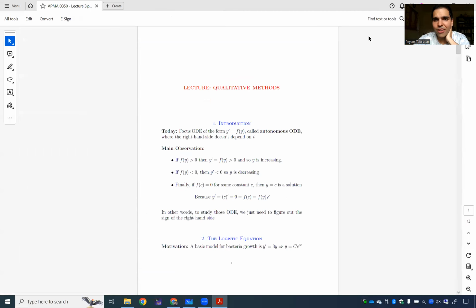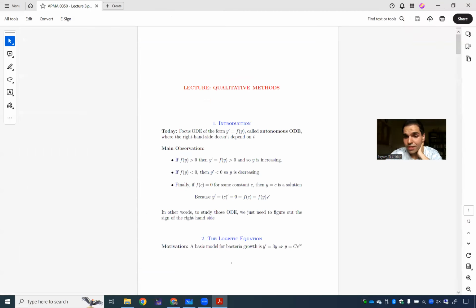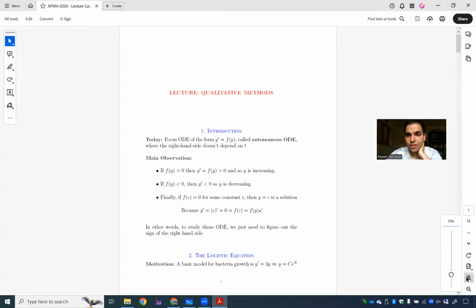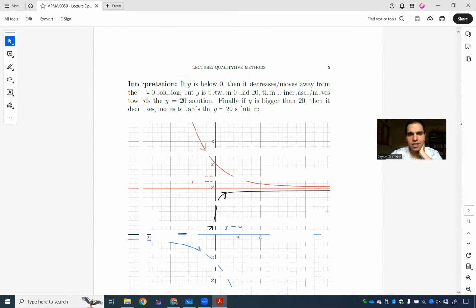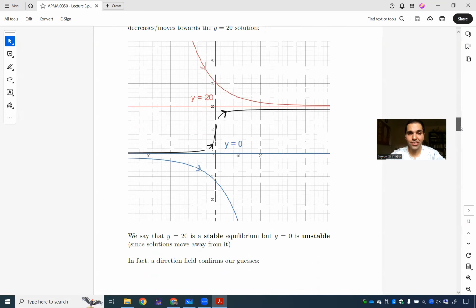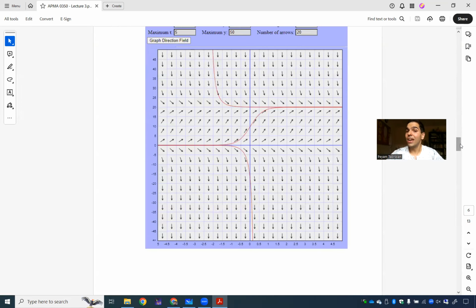So first of all, I wanted to show you a direction field of what this looks like. This is a nicer picture of it, but really, first of all, the direction field confirms our guesses. So between 0 and 20, the population goes up, and above 20, the population goes down until it reaches 20.